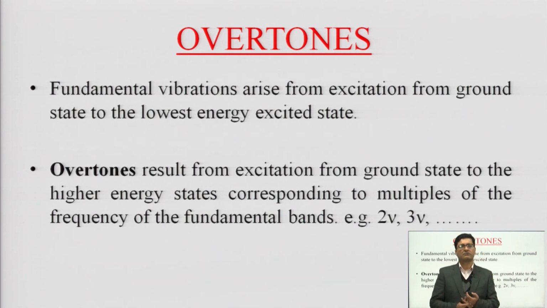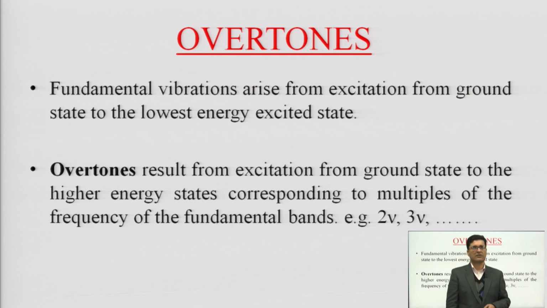Now, apart from the main fundamental vibrations, we can also observe other types of bands, apart from the main stretchings and the bendings. One important type of band is the overtone band.